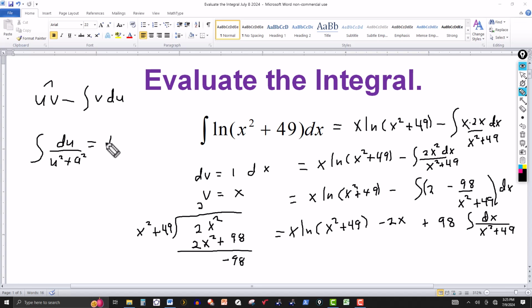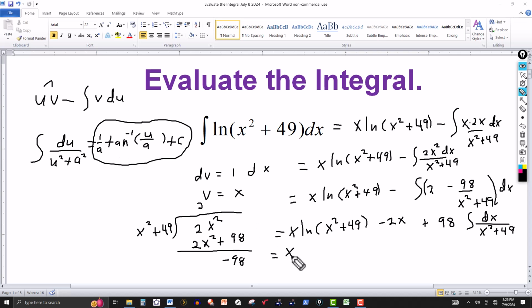So it's tangent inverse of whatever u is. See, this is in the form u squared plus a squared, whatever u is over whatever a is, and then the coefficient here is multiplied by 1 over a, and then it's plus your constant of integration. So that's the formula that I'm going to use here.